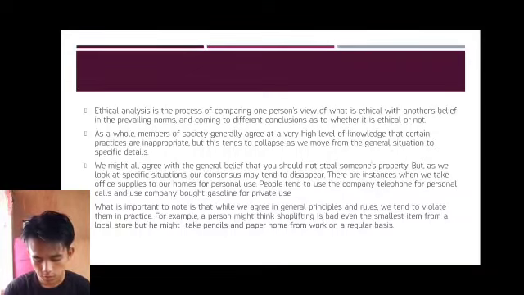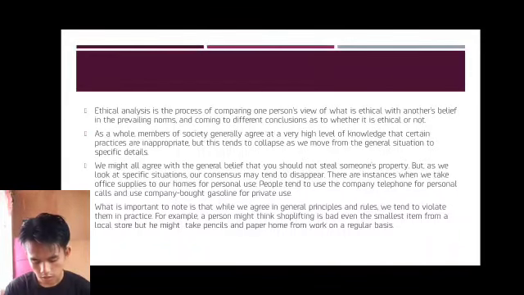Members of society generally agree at a very high level of knowledge that certain practices are inappropriate, but this tends to collapse as we move from the general situation to specific details.